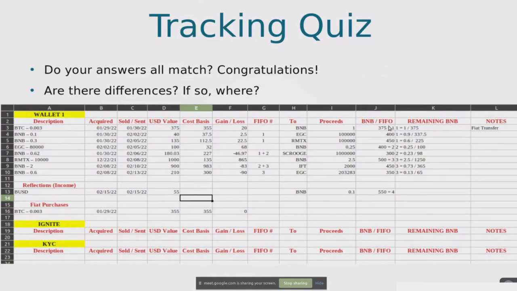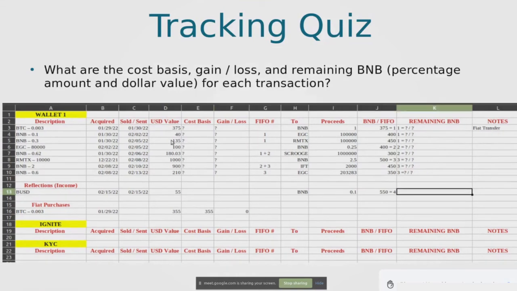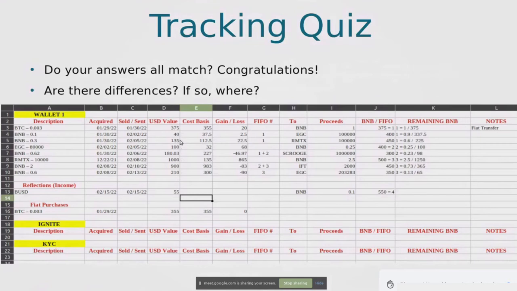I know that 1 BNB was worth 375 because I tracked it, and I just multiply 375 by 0.3 and I get $112.50. I subtract that from the USD value, I get a gain of 22.5, and I continue to track. I take 0.3 out of that remaining 0.9. I have 0.6 left, and I have $225.